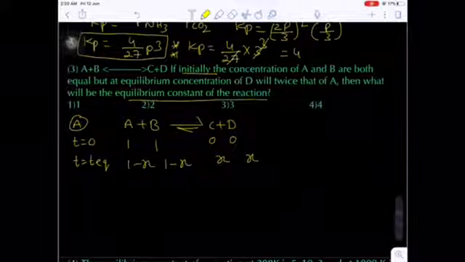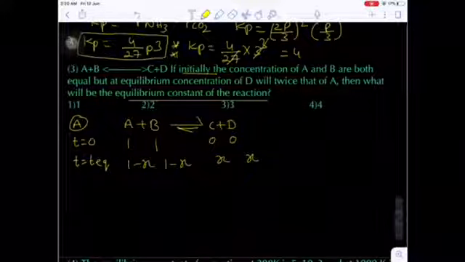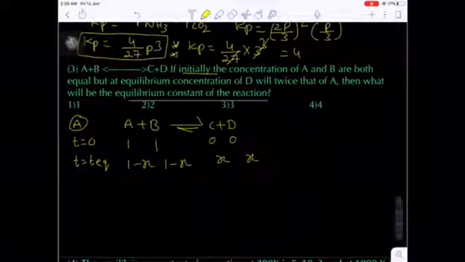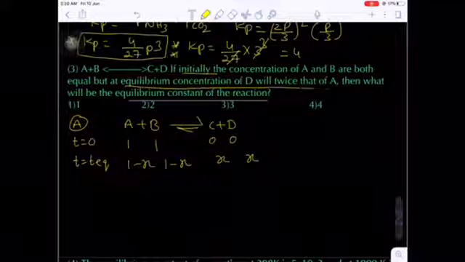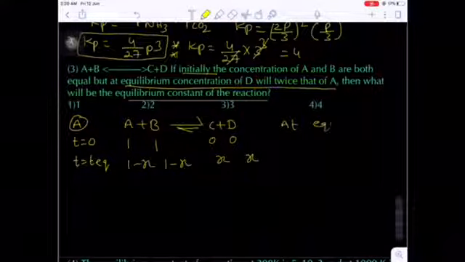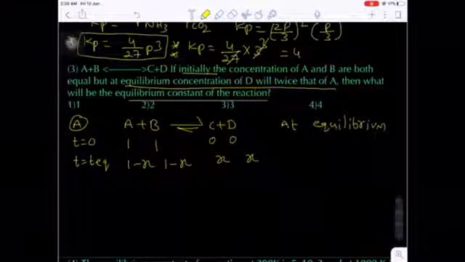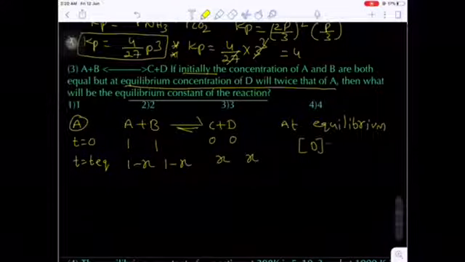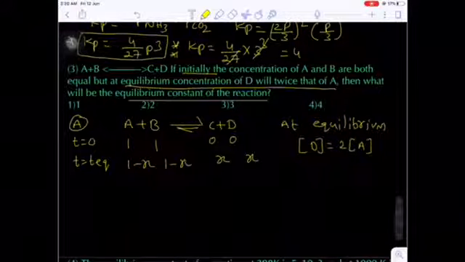Kc is to be calculated, so first of all, to find Kc, we have to find the X value. For this purpose, one piece of information is given: at equilibrium, the concentration of D will be 2 times the concentration of A.